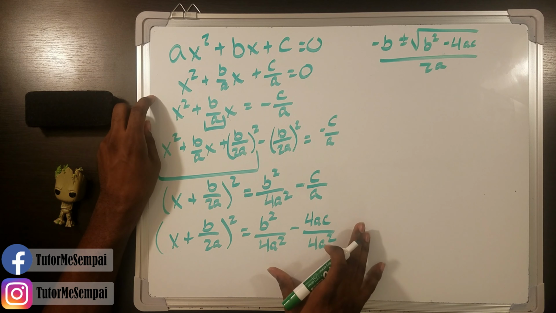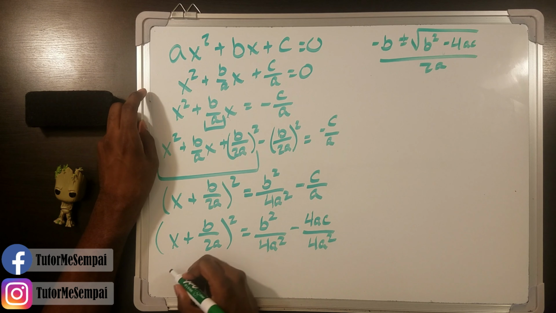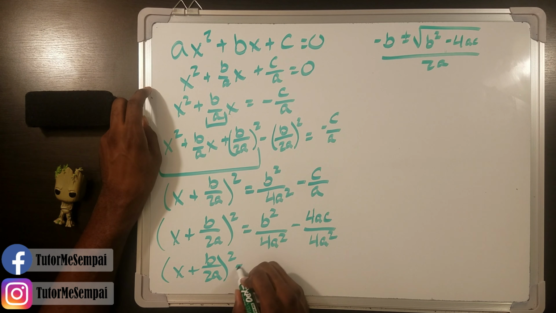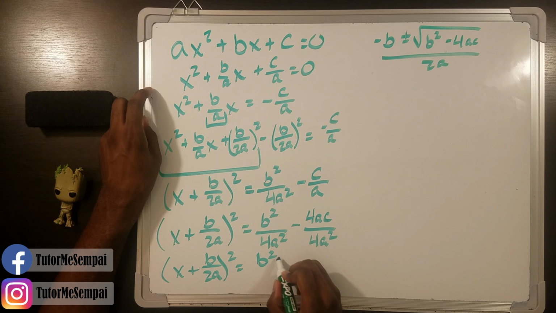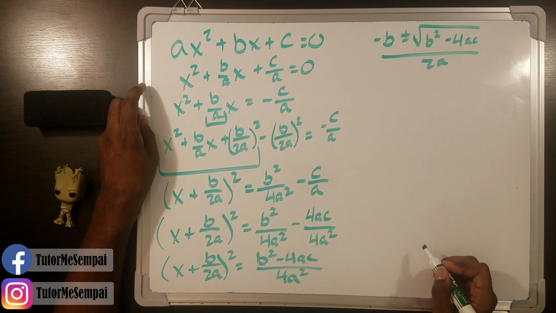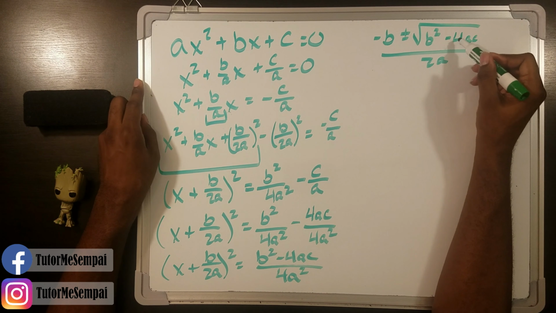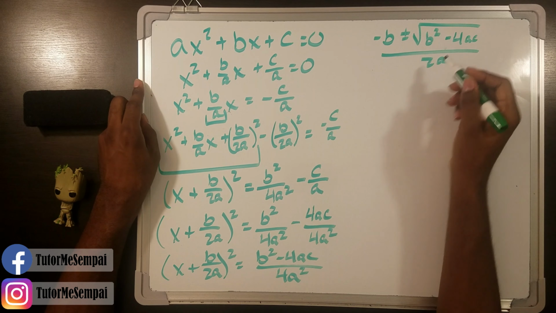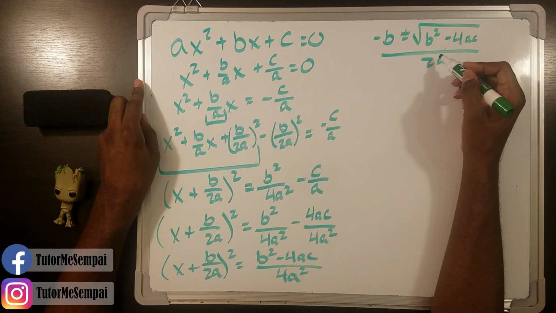Now we can combine these since they have like bases. Now if you notice, this b squared minus 4ac is showing up in our numerator. Although we have some more work to do, you see we're slowly getting to this point.